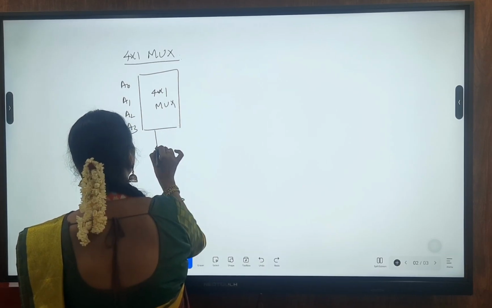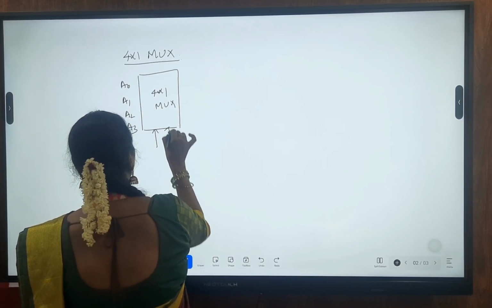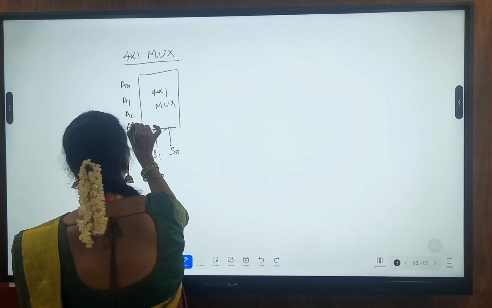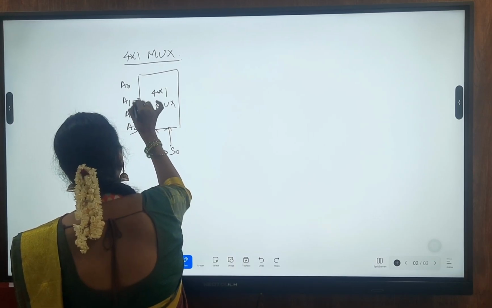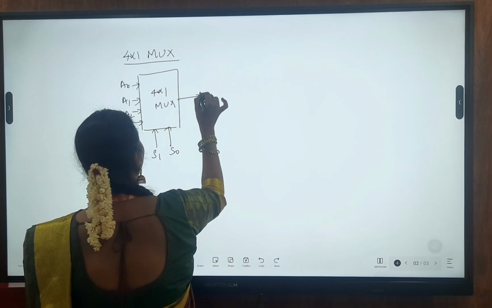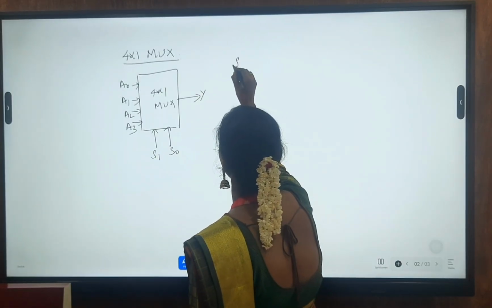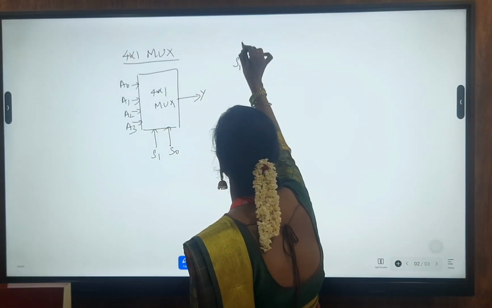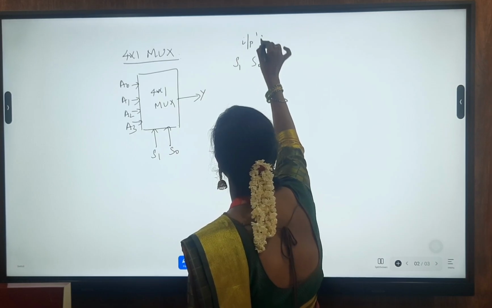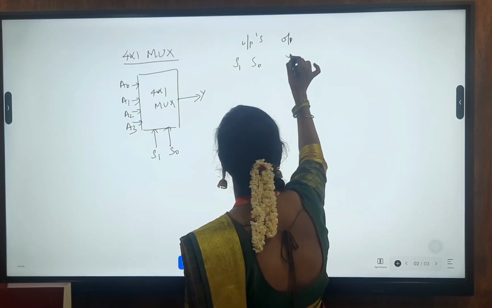It will have 2 selection lines, S1 and S0. All the inputs go into the multiplexer and this is my output Y. So how to select? With S1, S0.